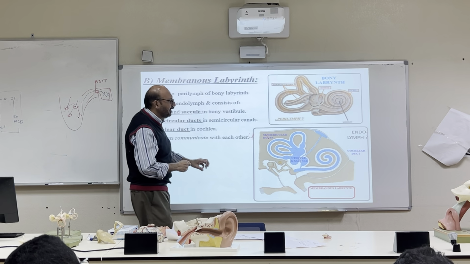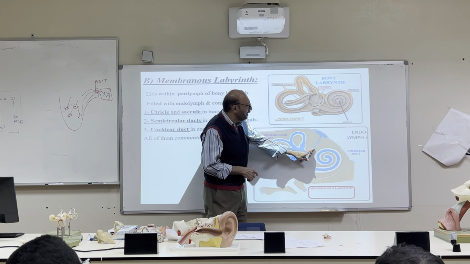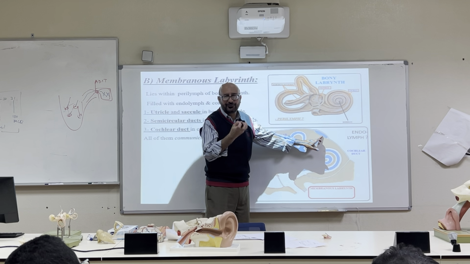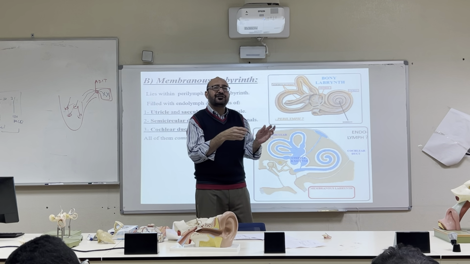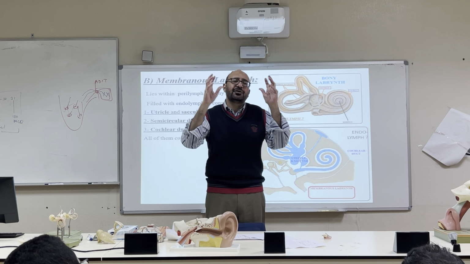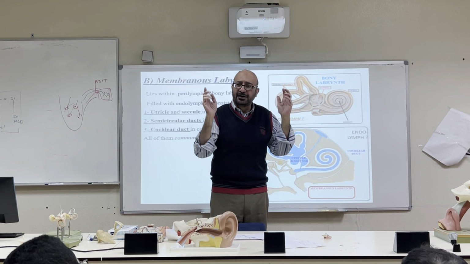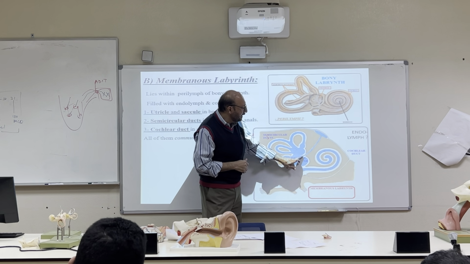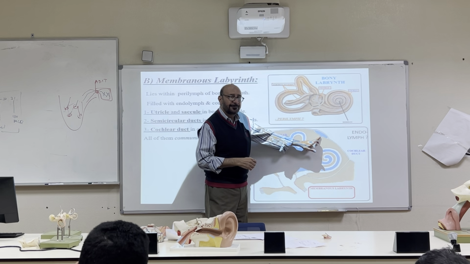There is a structure called the ductus endolymphaticus, because we should have some source for these fluids. A minimal change in the sodium, potassium, and calcium concentration can give you diseases like Meniere's, vertigo, and vomiting, and many other things. So this is called the ductus endolymphaticus.